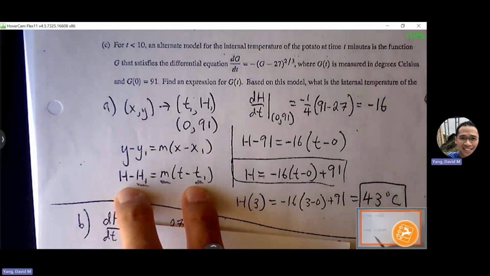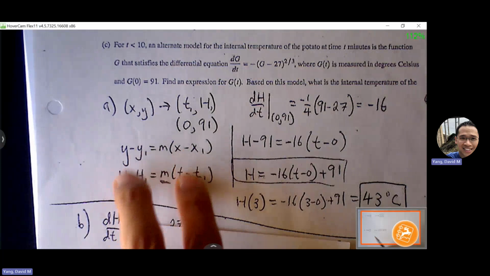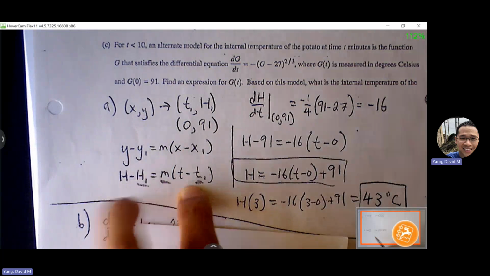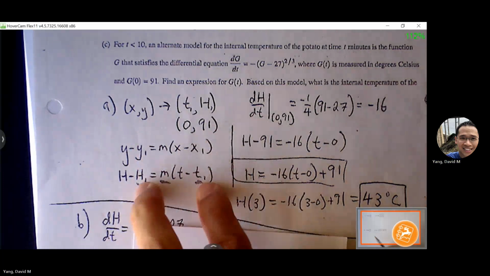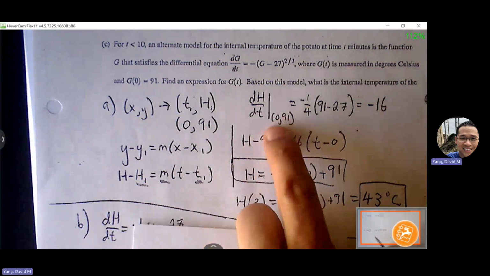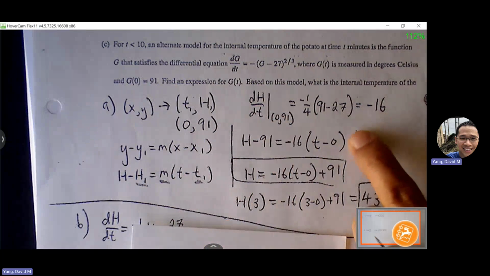So instead of y minus y1 and x minus x1, I have h minus h1 and t minus t1. My ordered pair is going to go in place of t1 and h1. My dh dt is going to give me my slope.